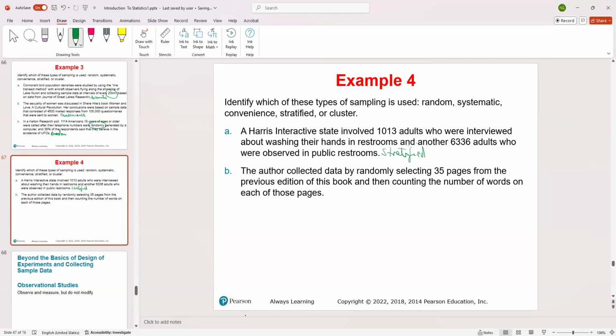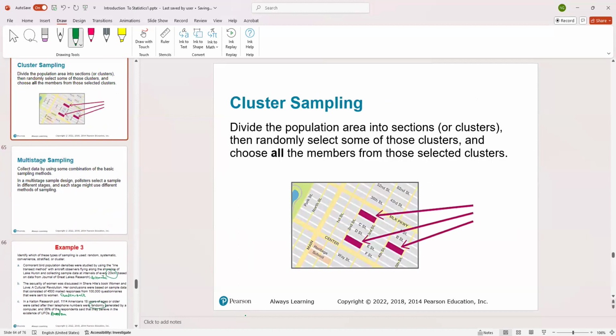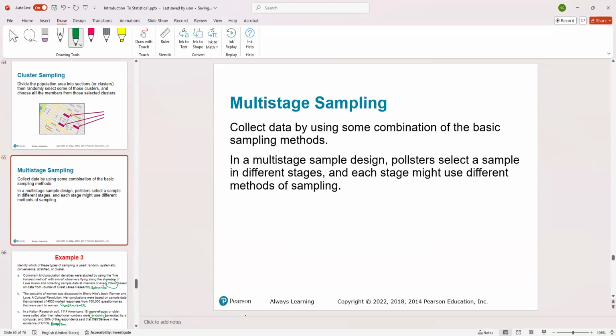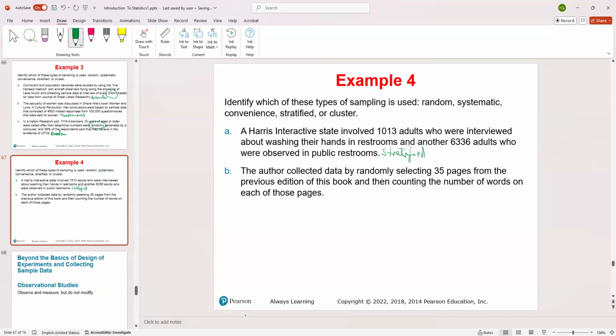You hear that? We said random again, but random can mean something different as well. That's not easy, right? Even though you have to count all of them, let's see what else. Cluster: divide the population area into sections, then randomly select some of these clusters and choose all the members. So that's really cluster for that one. The sampling method would be cluster.